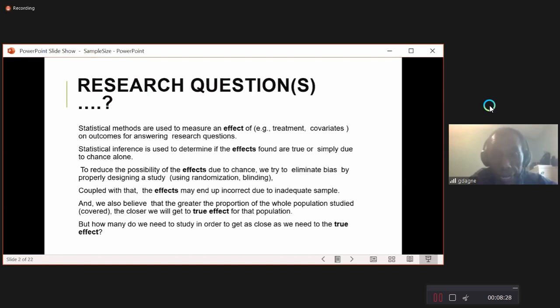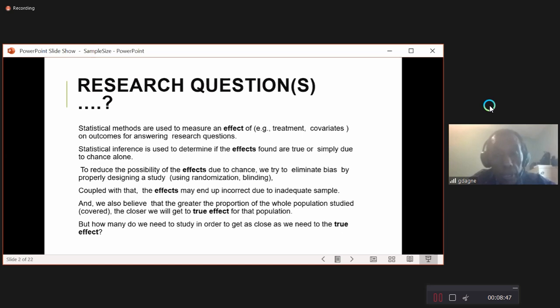Then as a biostatistician, our interest is really to measure the effect of, for example, whatever intervention or treatment or covariate on the outcome, really to answer the research questions. That's what we do in biostatistics.